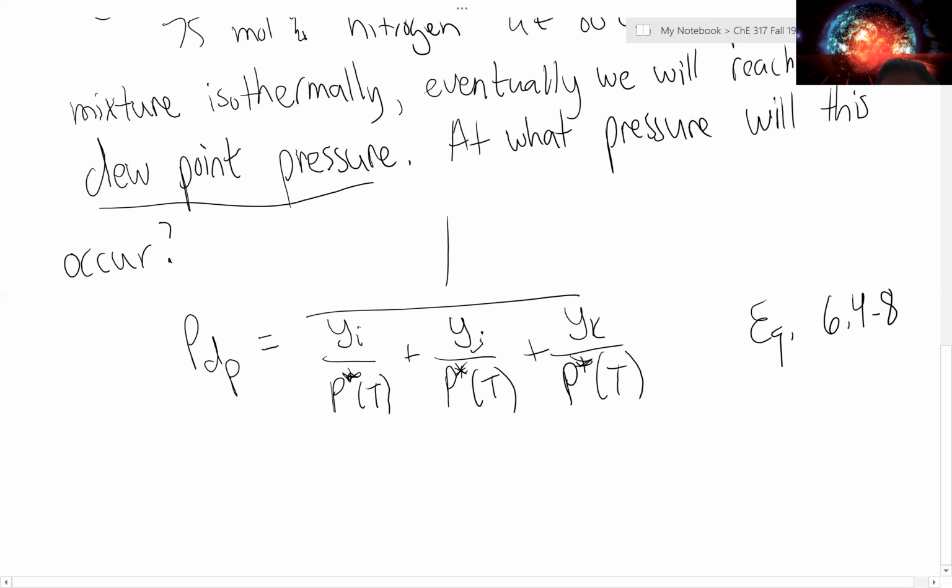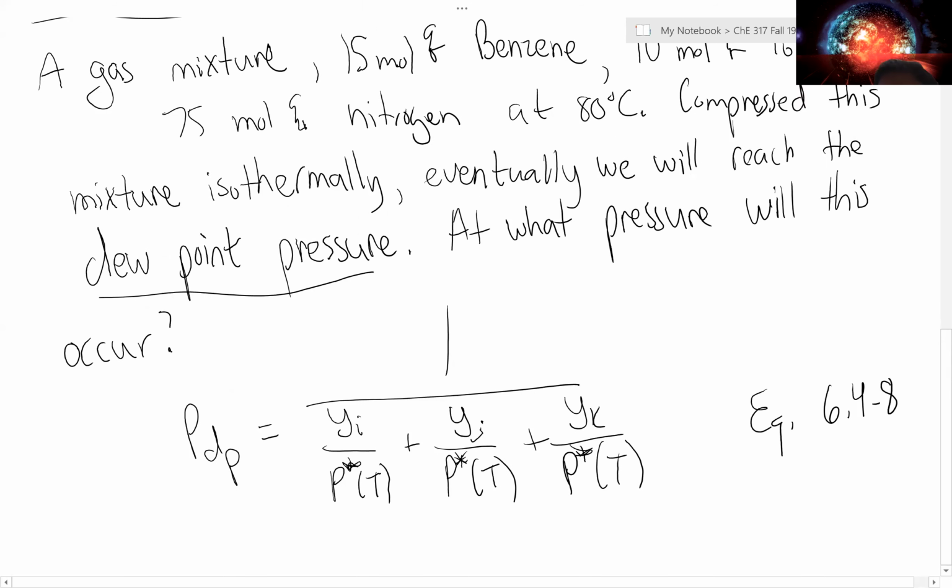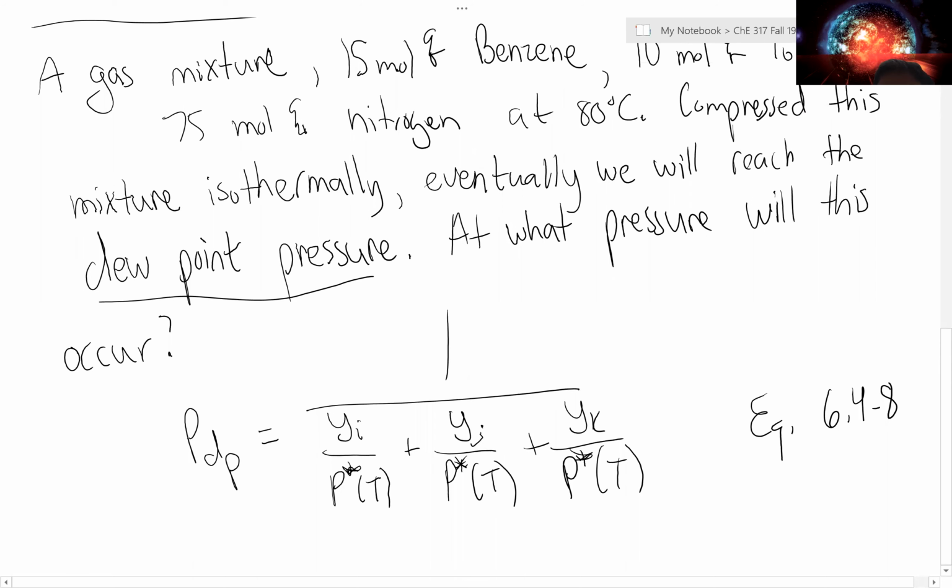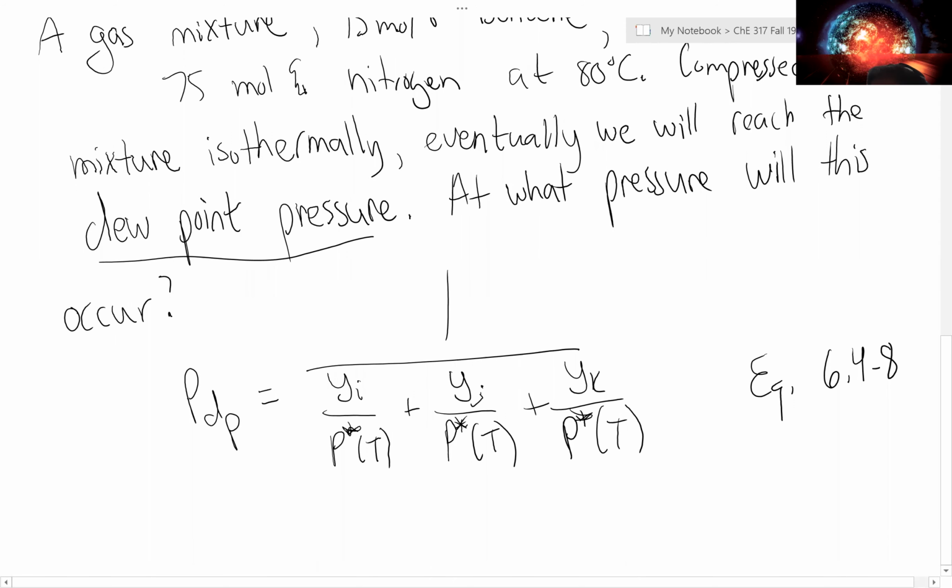So we need the mole fractions of benzene, toluene, and nitrogen, which we have, but we also need the vapor pressures of each of these components at 80 degrees Celsius.